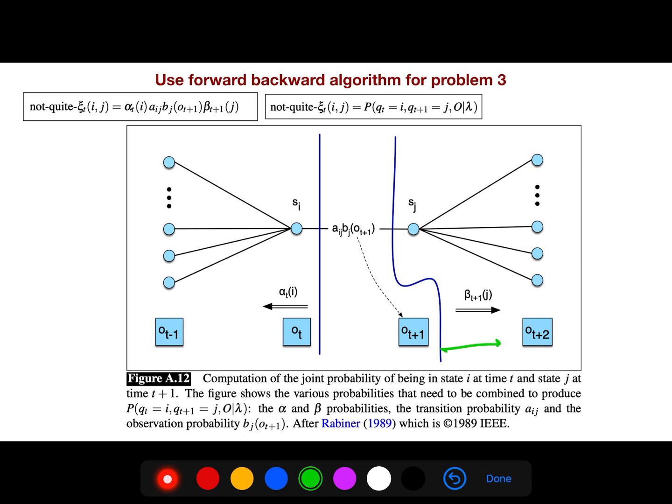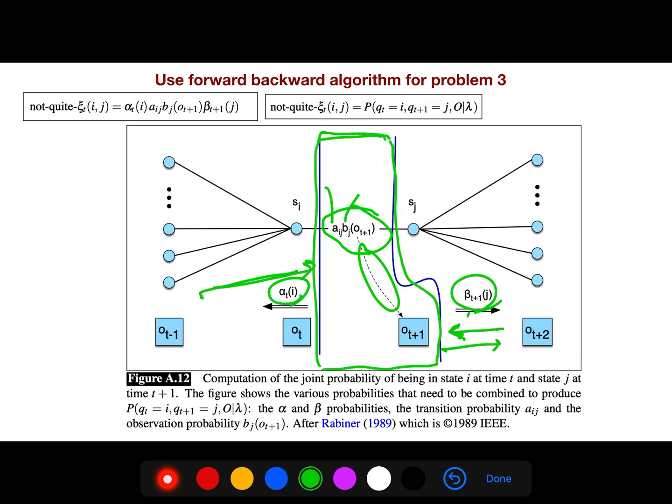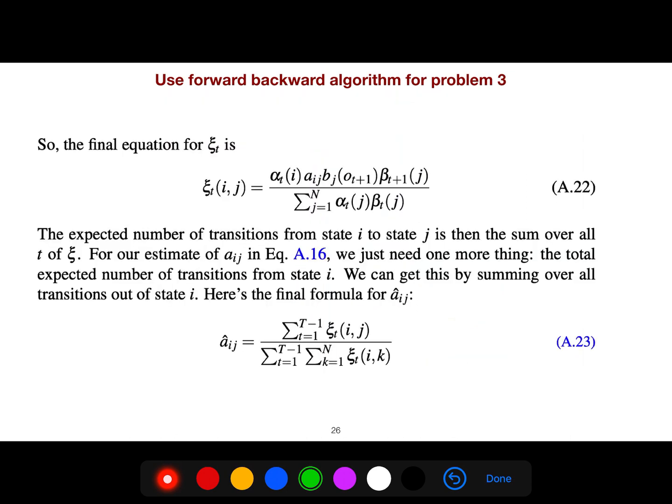This one is backward and this one is forward. So we have alpha, beta. So what remains is just this transition, a transition times the emission of that. So this is what remains between backward and forward. And so this is the intuition.